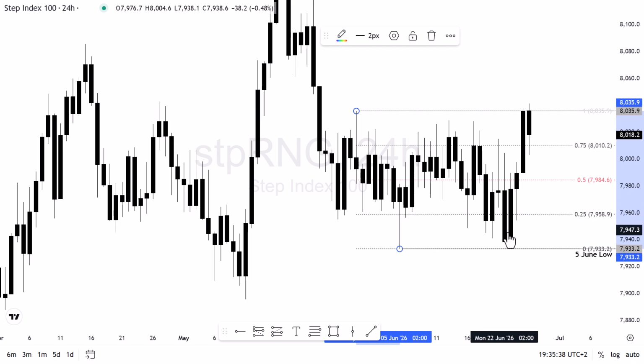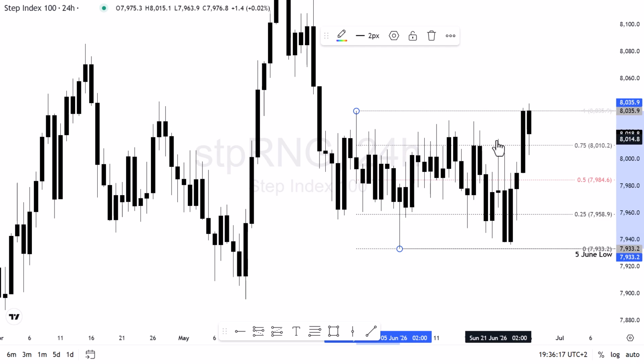And as it got down here, it printed the Monday's low near the 5th of June's low. And this is our Tuesday. This is why I say I'm going to come in the beginning of the week, Sunday, Monday, or Tuesday. I will be there to drop a video so that we are familiar with the highs and lows of the week.